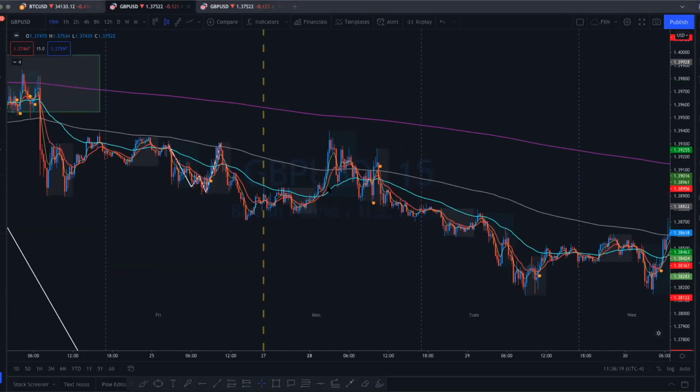But you can see here it goes straight through the 200. You still get a pattern to trade. You actually get a second opportunity in the US session.